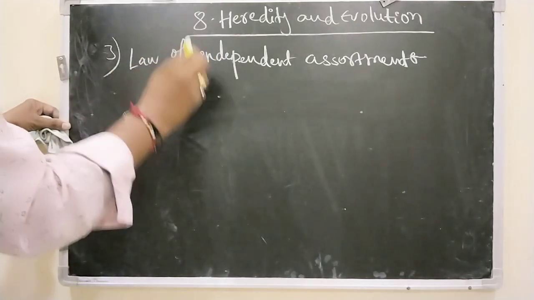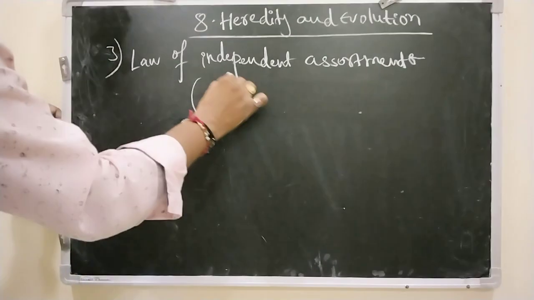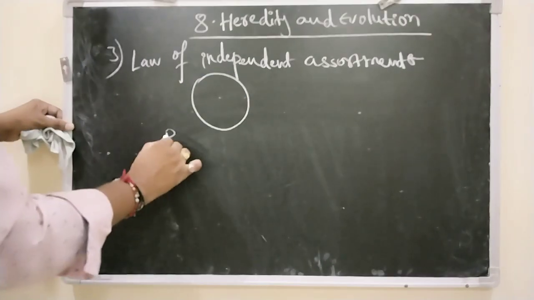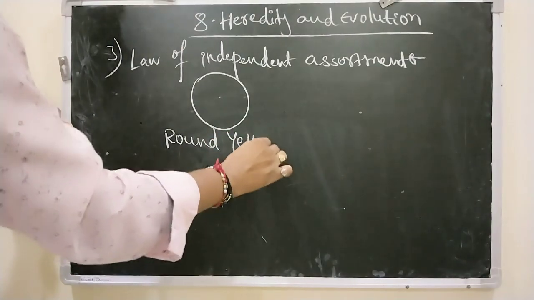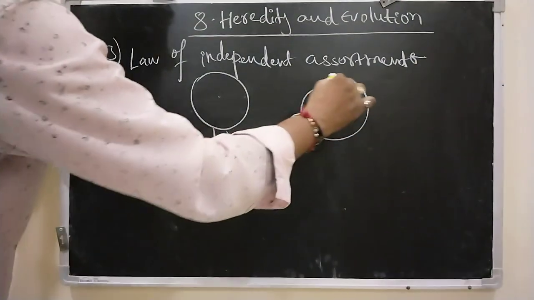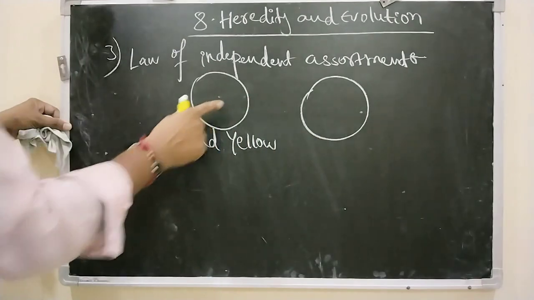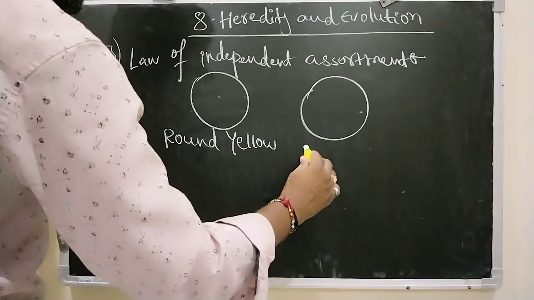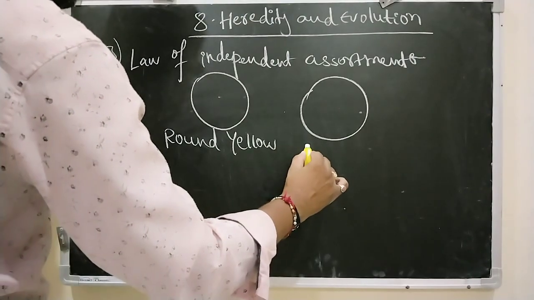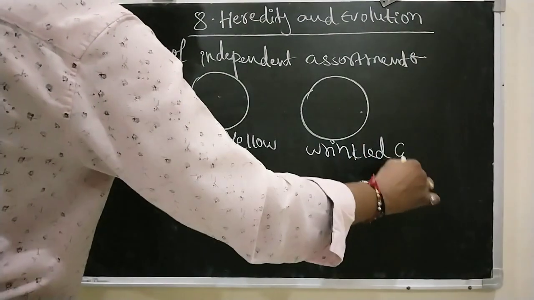Now extra we have to take seed shape also. For example, this is a seed which is pure round and yellow. This is the plant which is producing pure round and yellow seeds, and this is the plant which is producing recessive, means wrinkled green.